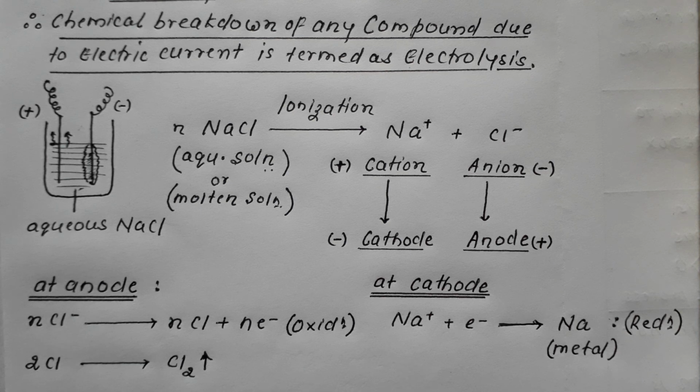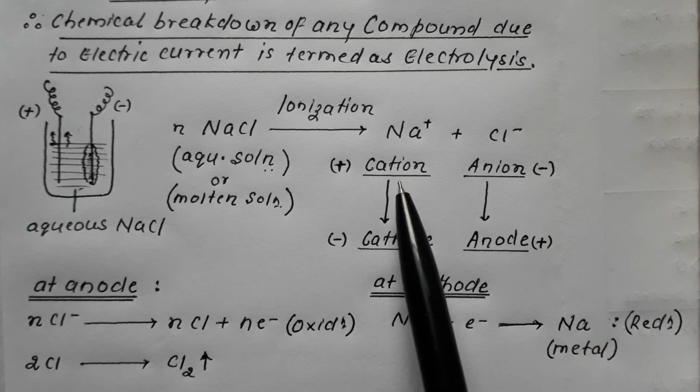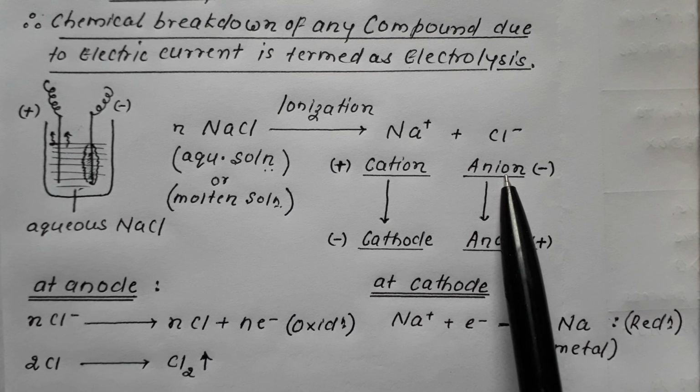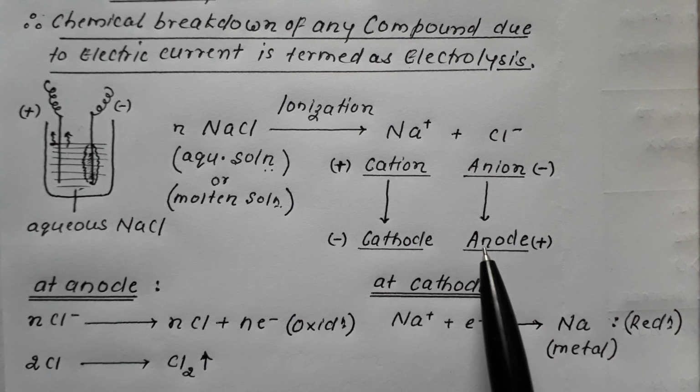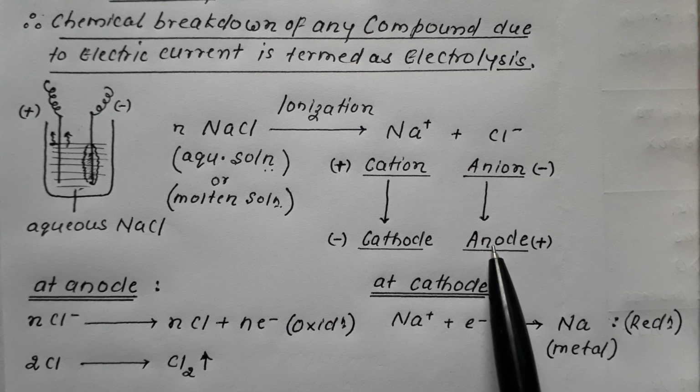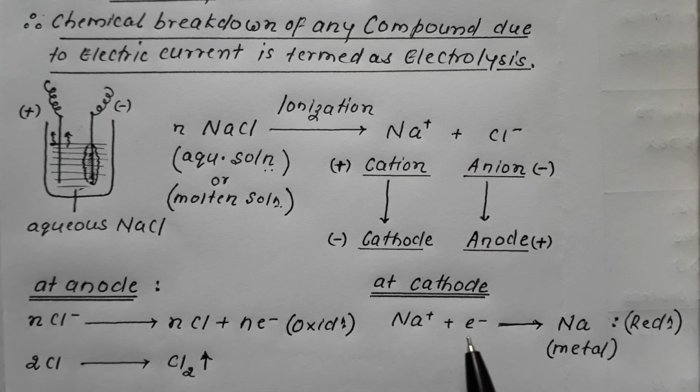Chloride, which is the anion, is undergoing oxidation and getting liberated as chlorine. Sodium ion, which is the cation, is gaining electron, undergoing reduction and getting deposited as sodium metal.